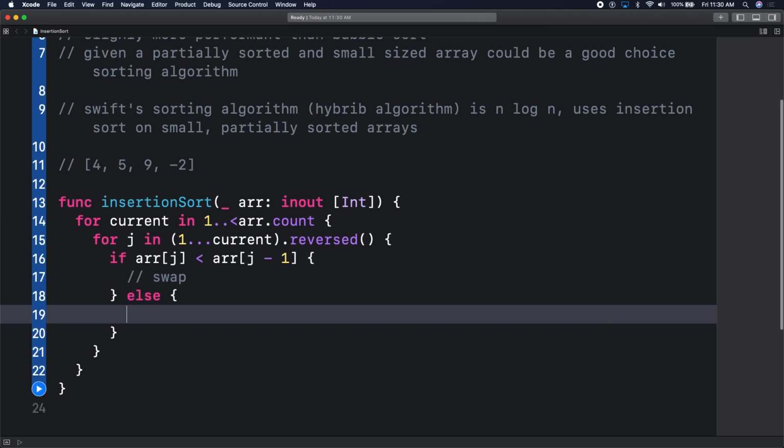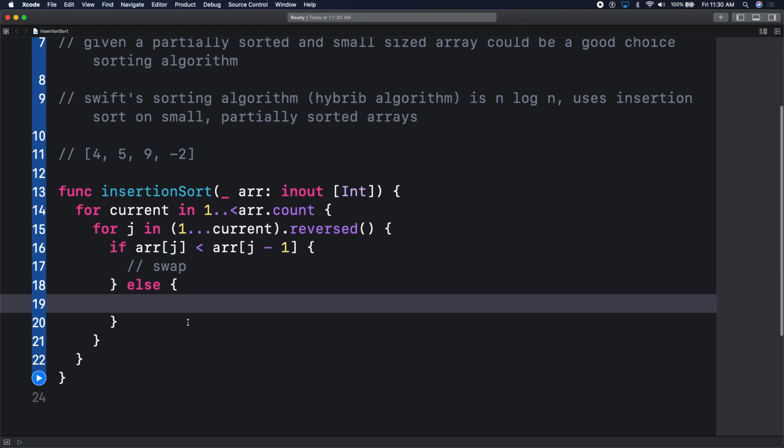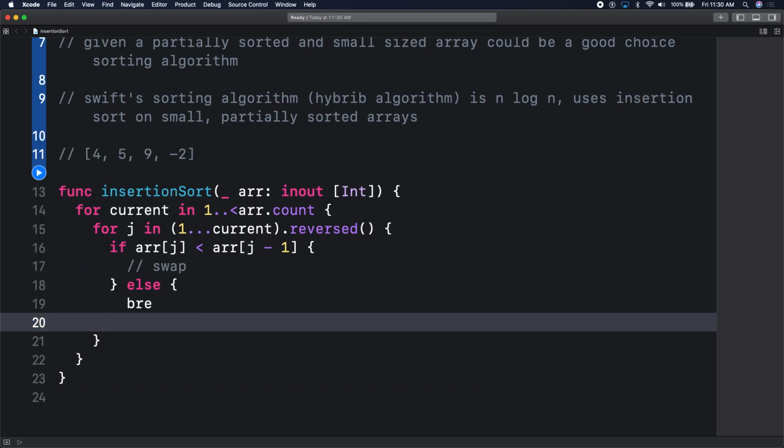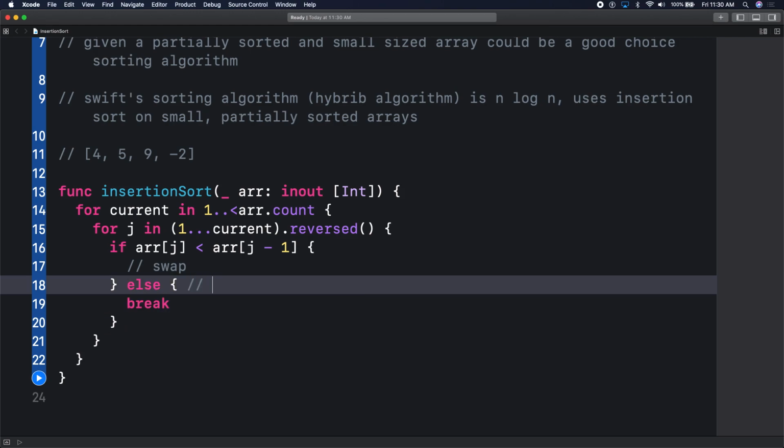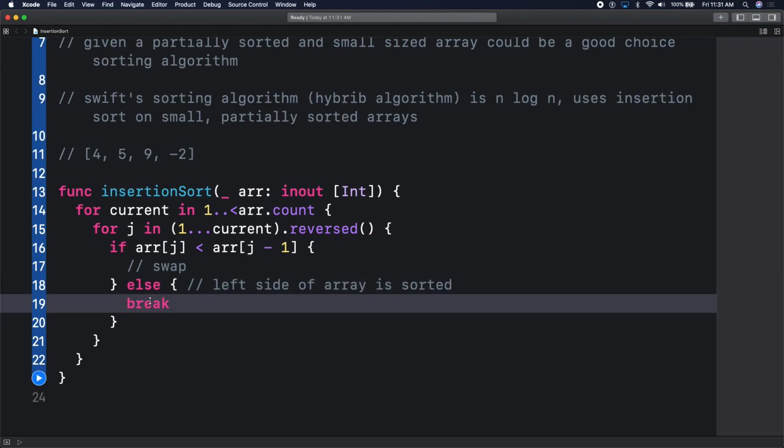If not, different from what we did earlier, we want to break to the outer array, because at that point the left side of the array is sorted. Here we want to break, or we could also say continue to the outer loop.